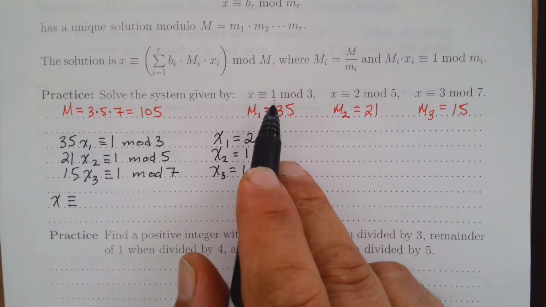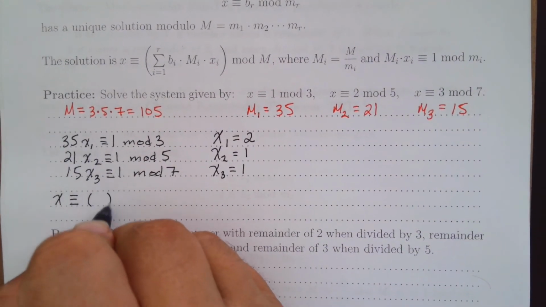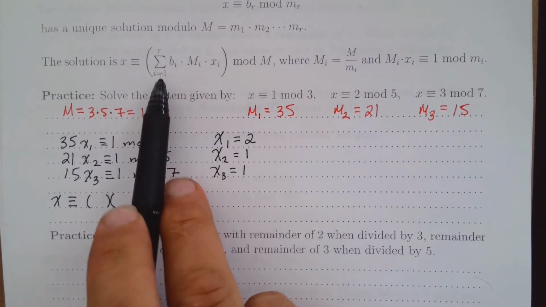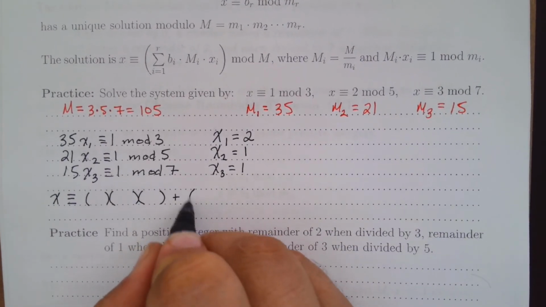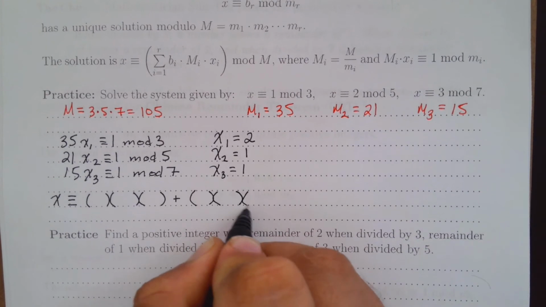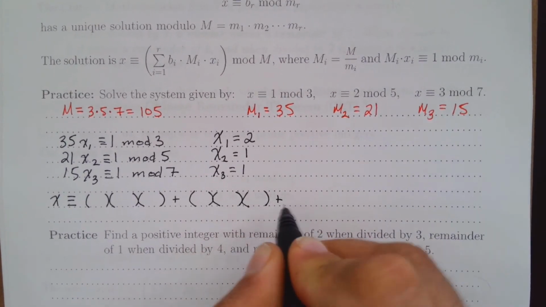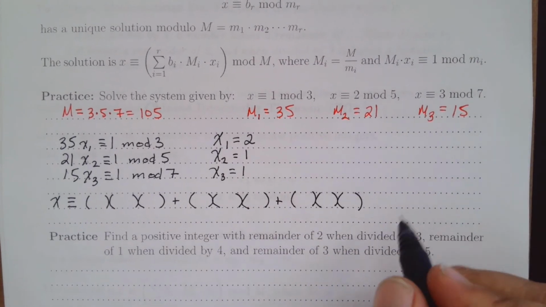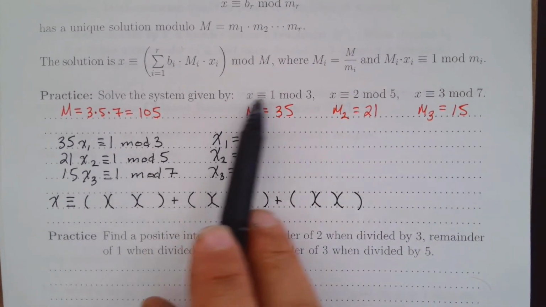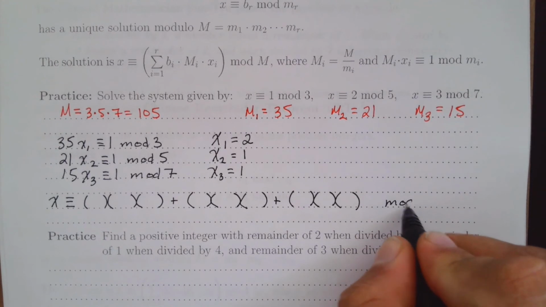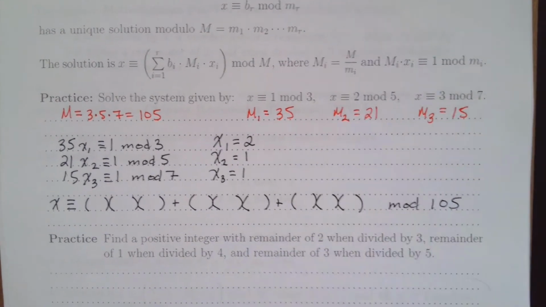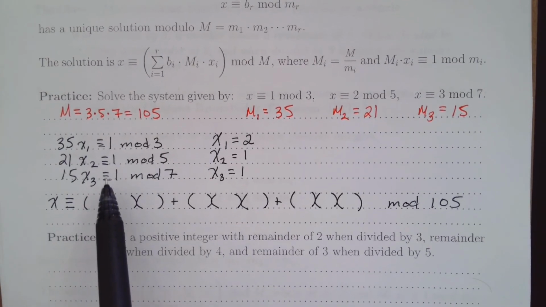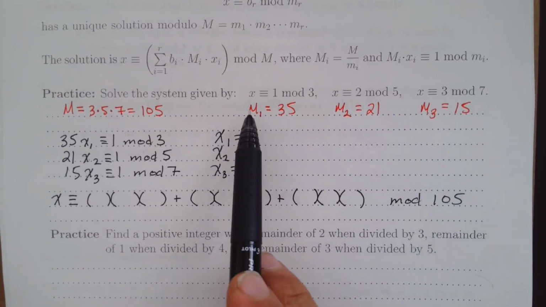Well, I have my first congruence with 3 items, then my second congruence will have 3 items, and then my third congruence will have these 3 items for that product, and it's going to be congruent to that modulo 105.